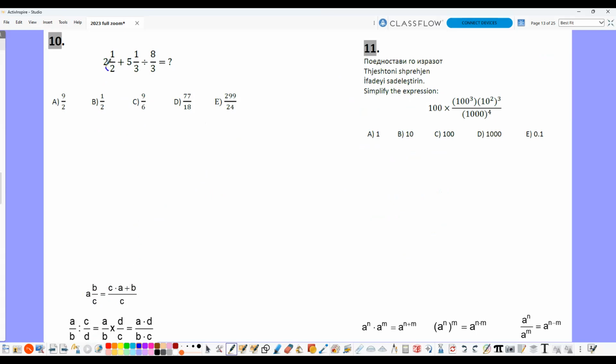We multiply these two, then add the result to the upper row, which means that 2 times 2 is equal to 4 plus 1 is equal to 5. So this is 5 over 2. And 5 times 3 is equal to 15 plus 1 is equal to 16. Sorry, 3 divided by 8 over 3 it has to be.